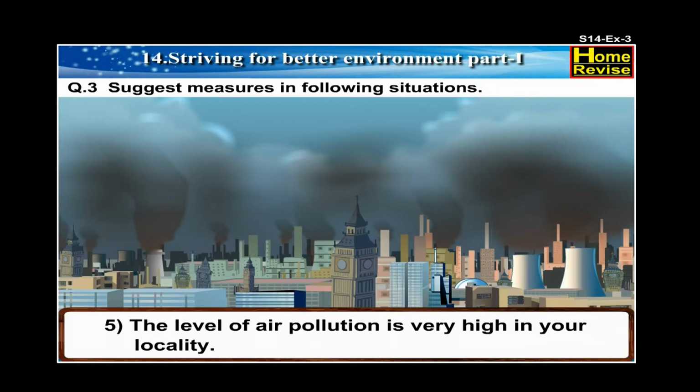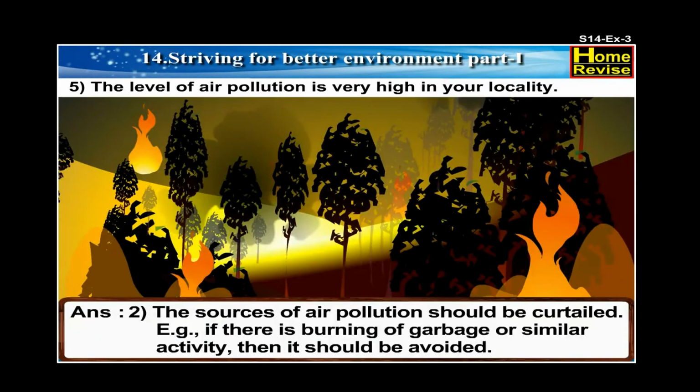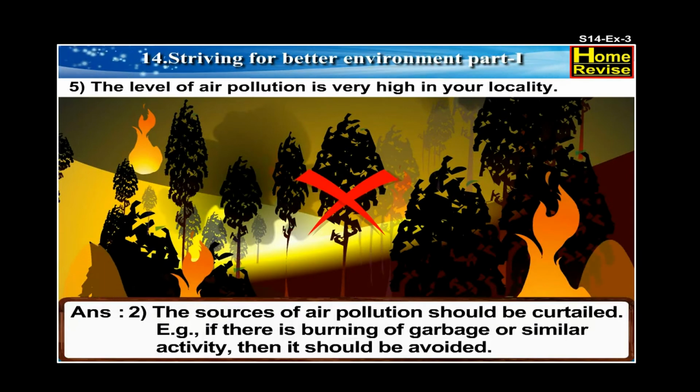5. The level of air pollution is very high in your locality. Answer. We should plant trees in our locality. The sources of air pollution should be curtailed. For example, if there is burning of garbage or similar activity, then it should be avoided.